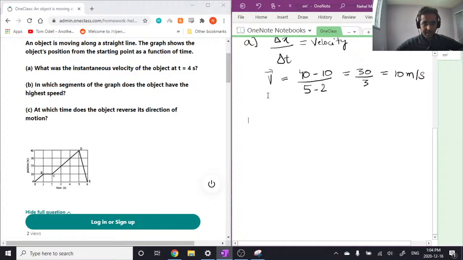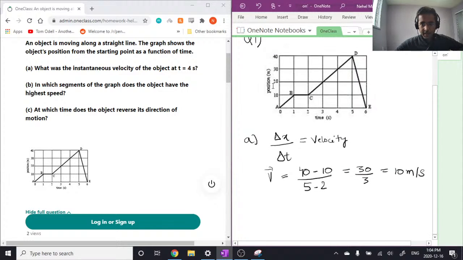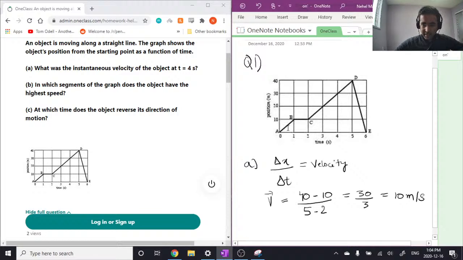Okay, let's look at part number B. Part B asks in which segment of the graph does the object have the highest speed? So looking back at this graph, again, speed is the total distance traveled over total time. So if we look at the section A to B, we travel only 10 meters in 1 second.